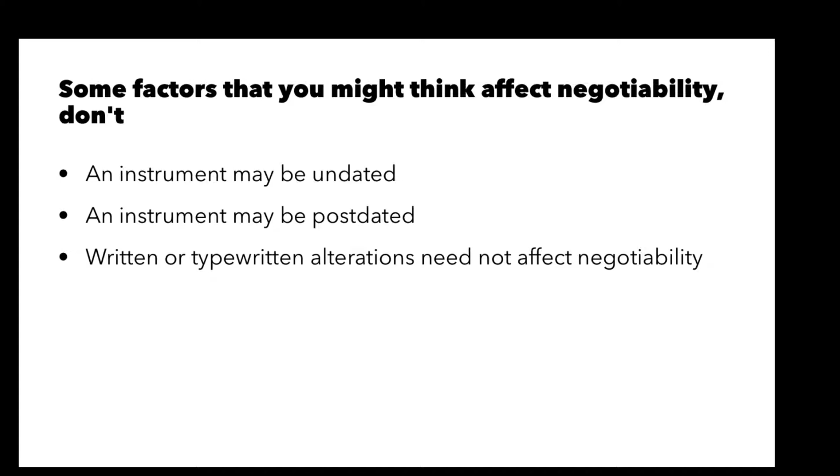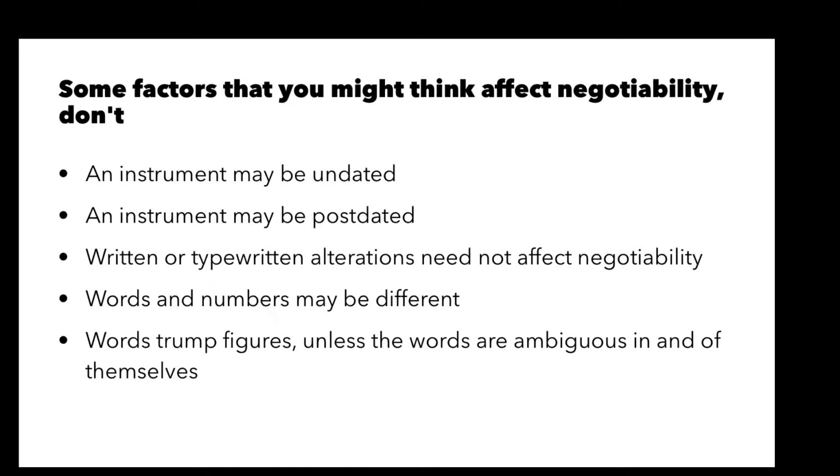If we write through or strike through something, written or typewritten alterations do not necessarily affect negotiability. Words and numbers can be different. Again, when writing a check, you have to write the numbers as well as the words. And even if they don't match, that doesn't mean the check is not negotiable. Instead, we look at the rules that say that words trump figures unless the words are ambiguous in and of themselves.